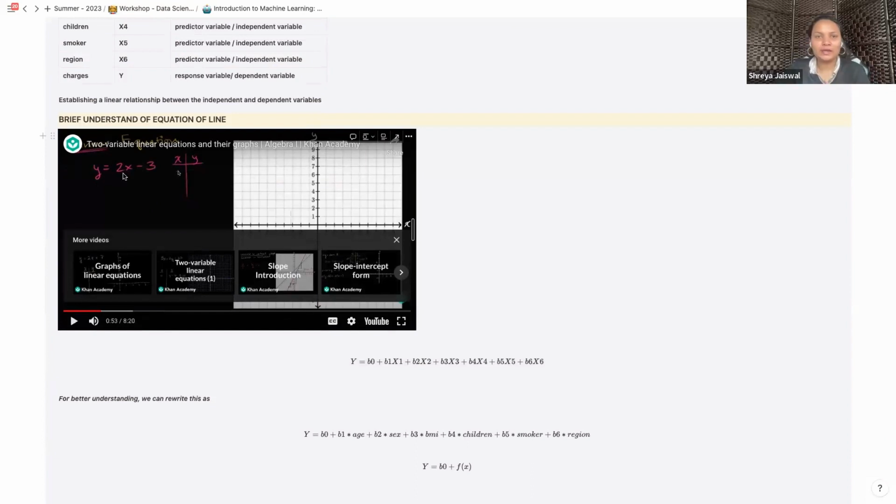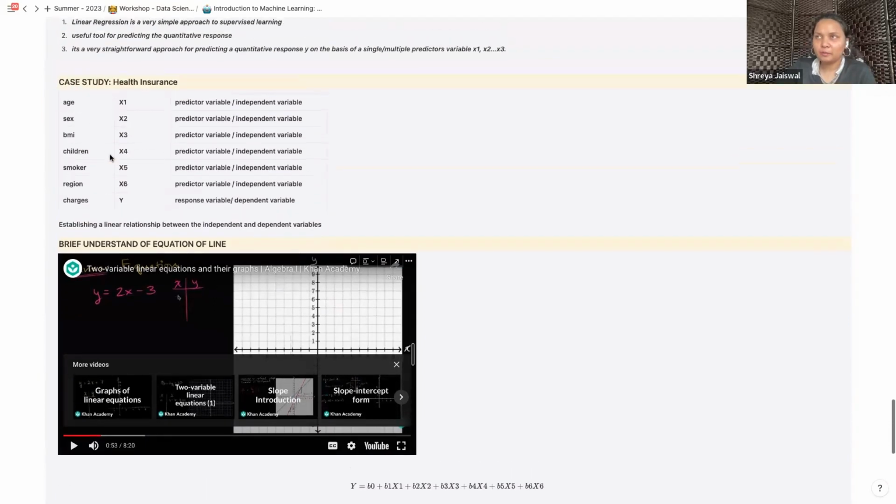So we see there's just one independent variable and one dependent variable. The independent variable is my x and my dependent variable is my y. So for example, if I just wanted to find the charge my particular client would pay based on his BMI, then that would be a simple linear regression problem, where I am dealing with one response variable y and one independent or predictor variable, which is BMI.